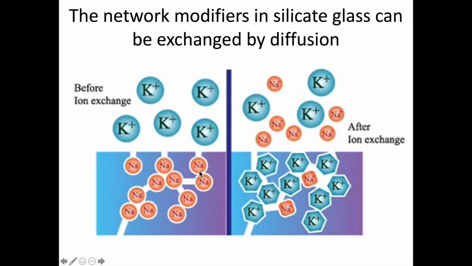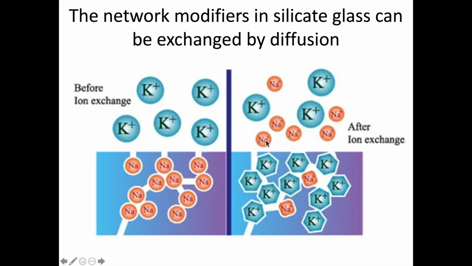Why this relates to strength is because, as you can see from this cartoon, potassium is actually a larger ion than sodium. If the glass is below temperatures at which we can relieve stress, like the strain point and so forth, then when we put a potassium ion in the structure, it will compress the area around it because it's larger than the sodium.